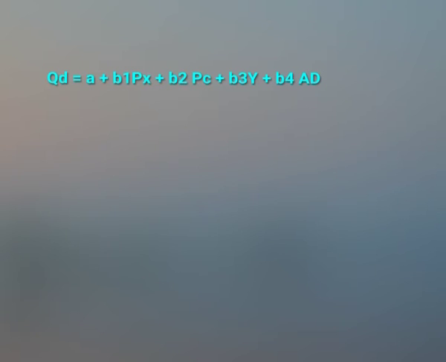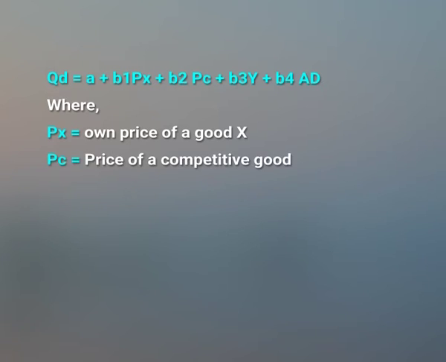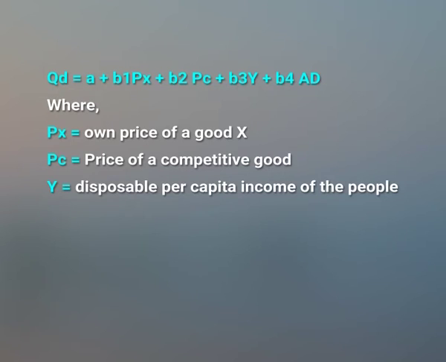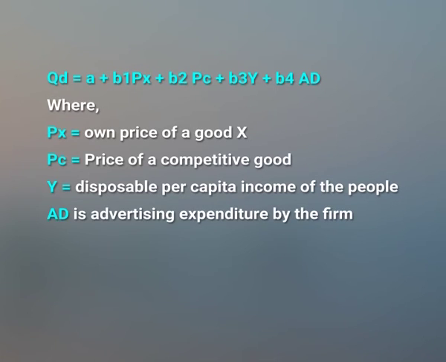Thus, we can say the demand model in an equation of linear form, which is generally used to forecast future demand, is QD = A + B1 Px + B2 Pc + B3 Y + B4 AD, where Px stands for own price of a good X, Pc stands for price of a competitive good, Y stands for disposable per capita income of the people, and AD is advertising expenditure by the firm.